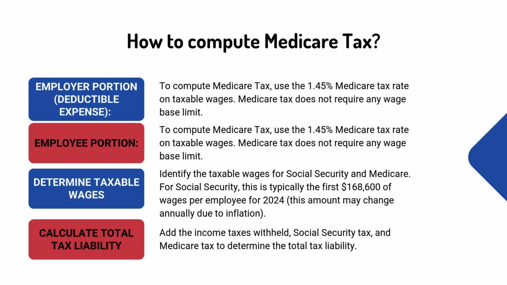So basically, let me summarize again. 941 is due every 3 months, and after 12 months, after December, or the fiscal year end if the tax year is other than the calendar year, we issue W-2s to the employees, and one copy will be sent to the IRS so that the IRS can match the wages.